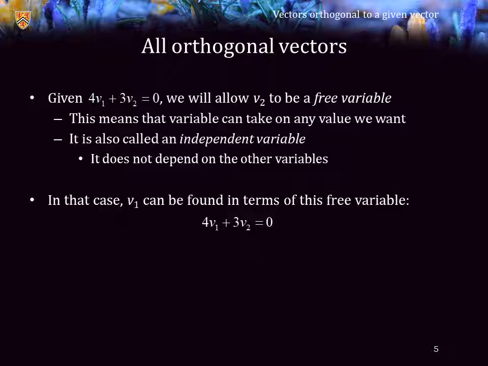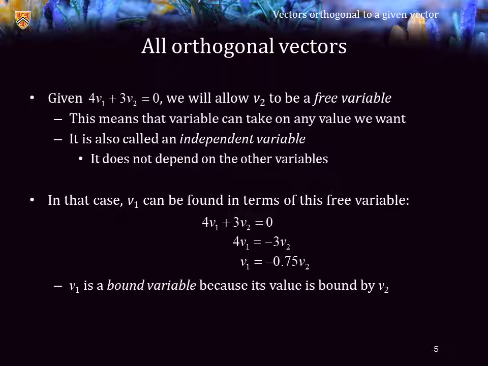So given this equation here, we can bring the second term to the other side and then divide both sides by 4. Therefore, whatever value v2 has, v1 is negative 0.75 times v2.